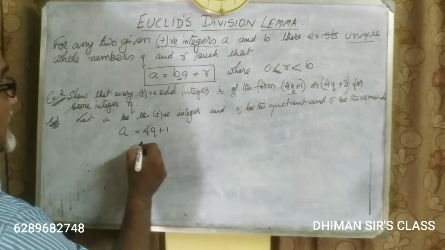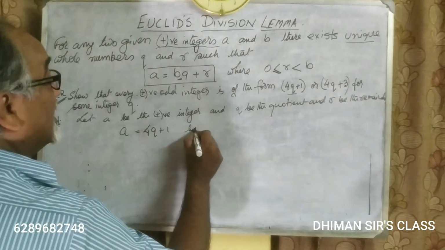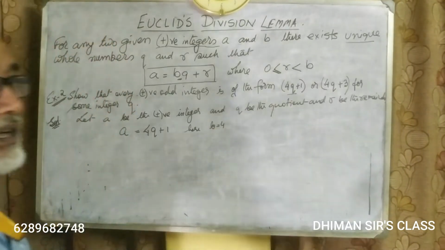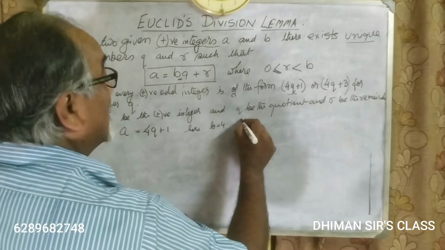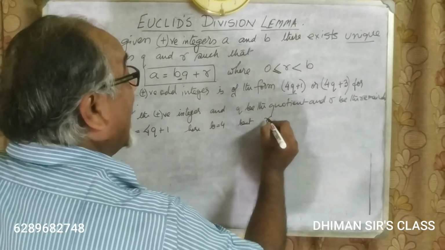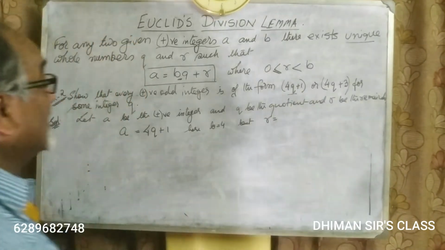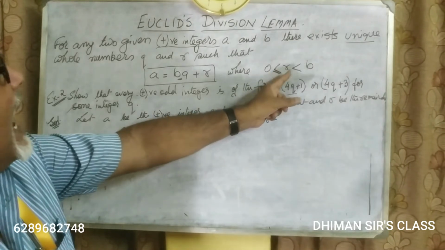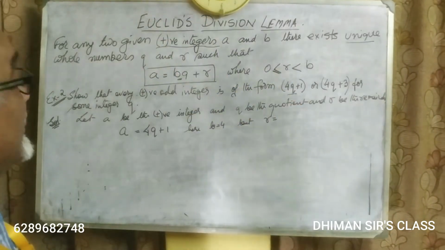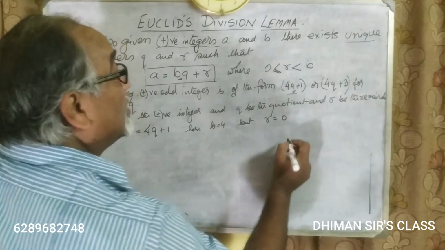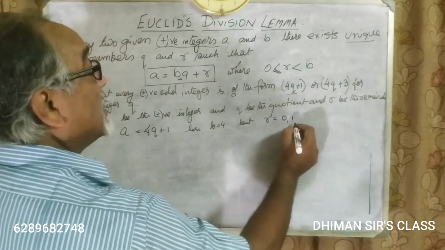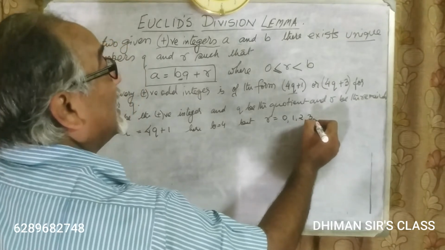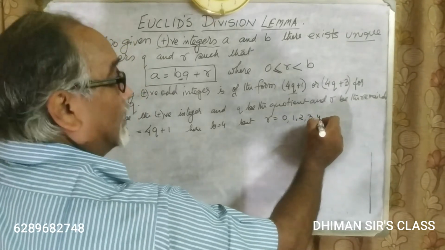Now here B is equal to 4. Clear? But R should be greater than or equal to 0. That means it will be 0, it may be 1, it may be 2, it may be 3, it may be 4.